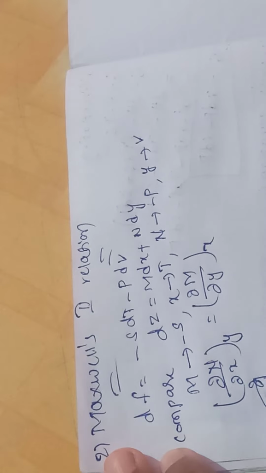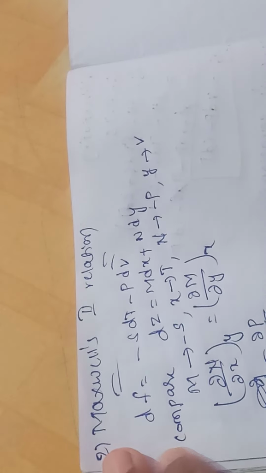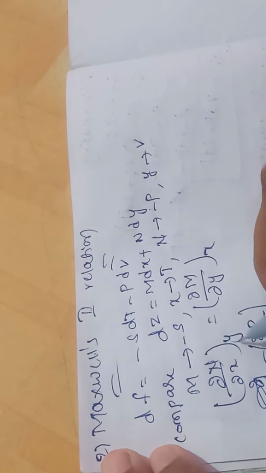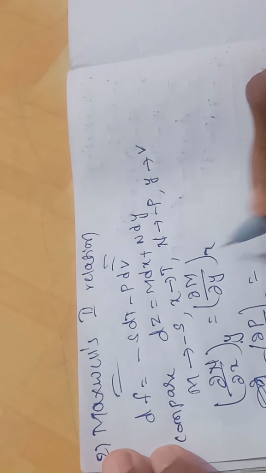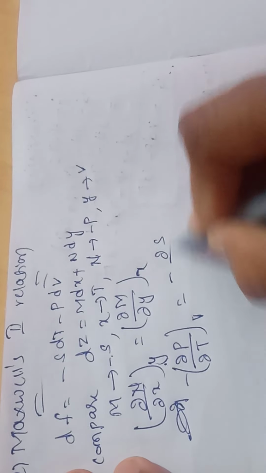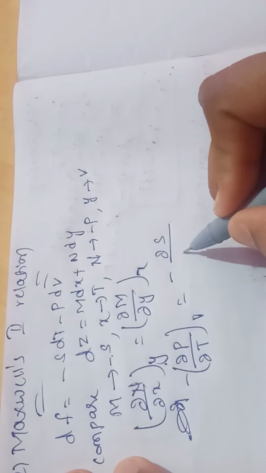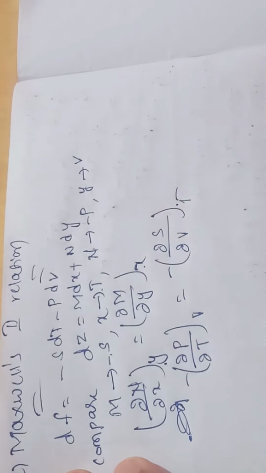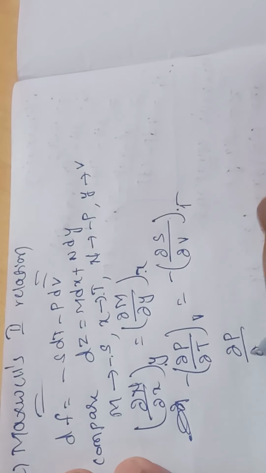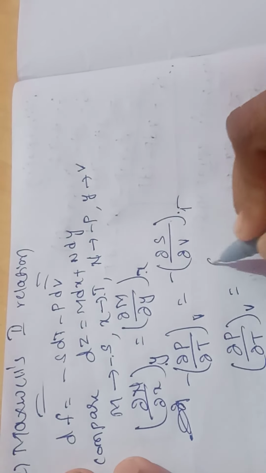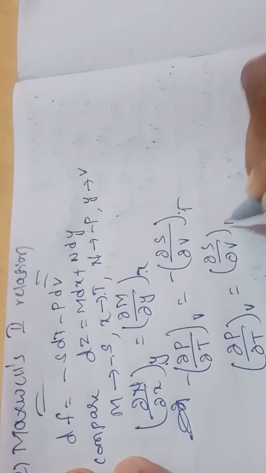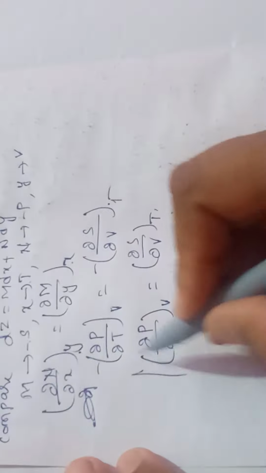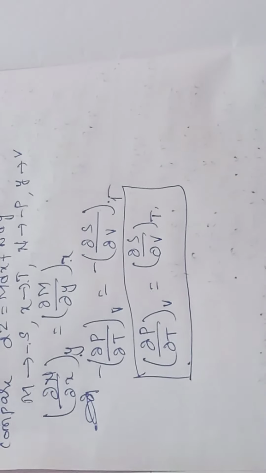Minus P. So dou of minus P by dou T, where x is T and y is V, is equal to M, which is minus S, so minus dou S by dou V at T. Minus minus cancels, so dou P by dou T at V equal to dou S by dou V at T. So this is Maxwell's second relation.